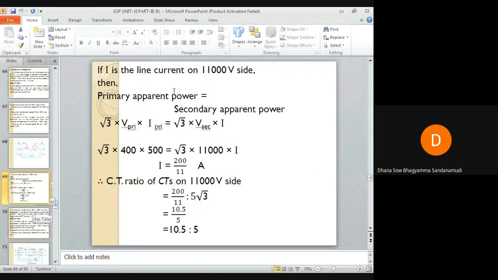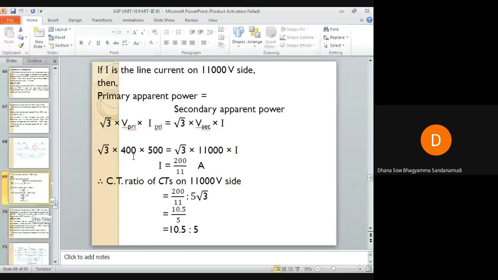Now if I is the line current on the 11 kV side, then primary apparent power will be equal to secondary apparent power. So primary apparent power is root 3 into primary voltage into primary current, and similarly secondary is root 3 into secondary voltage and secondary current. These are all line voltages and line currents actually.